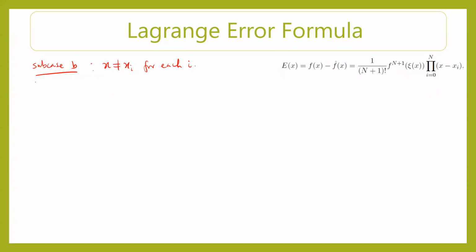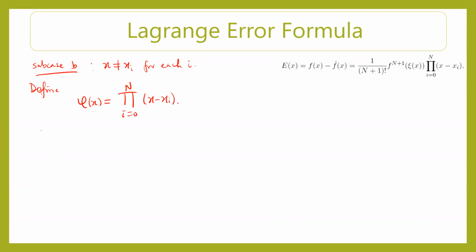Now I'm going to define a series of functions that will help me to prove what I need to prove. So first, I'm going to define this function. Phi of x is the product from i equal to 0 to n of x minus xi.